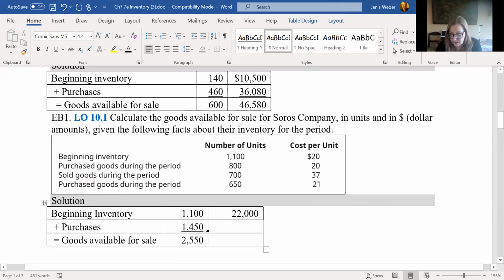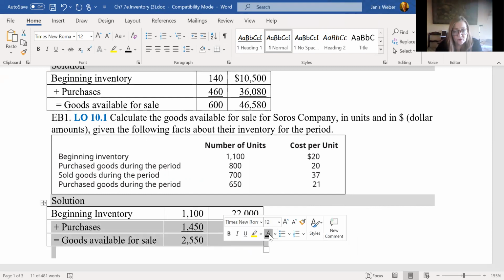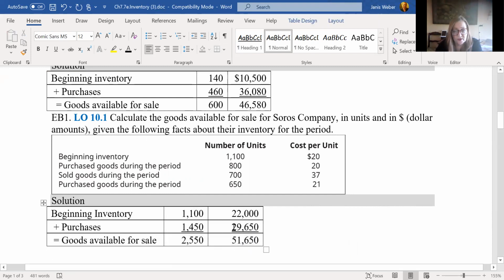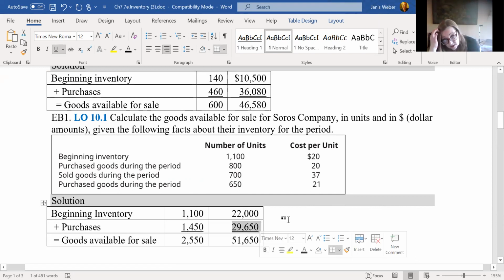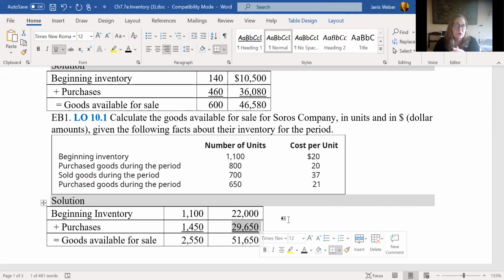If you add 16,000 and 13,650, you're going to come up to this 29,650 for the purchases, and add the beginning inventory to that, and you get the total goods available for sale, 51,650.